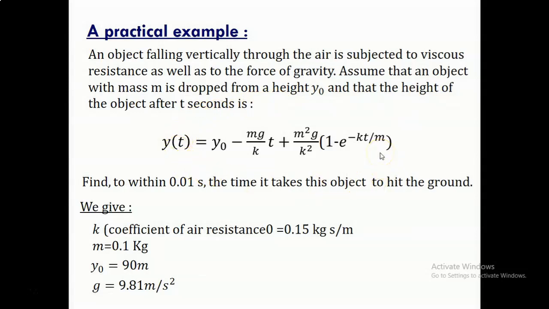If we want to find the time t such that the object hits the ground, we must solve a nonlinear equation here that is quite impossible to solve analytically. For this reason, we have to employ numerical methods.